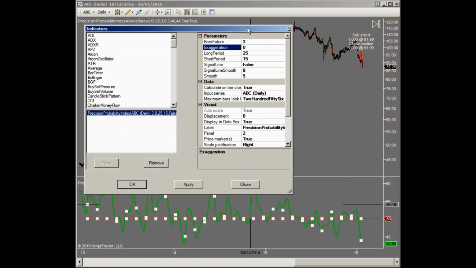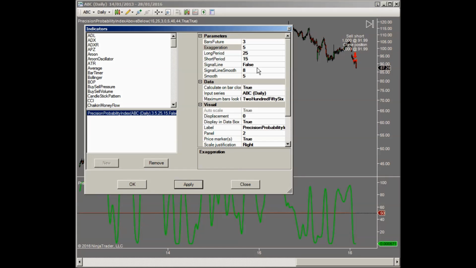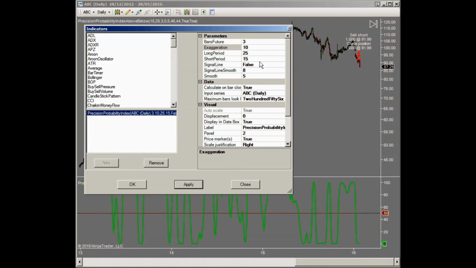Now if you just have a look at the chart, see what it's doing, it's pretty sinusoidal, like a sine wave. But if we change this exaggeration factor to 1, it's going to change a little bit. If we change it to 5, it's going to change a little bit more. And if you keep going, 10, it's almost becoming a binary 0 or 100.